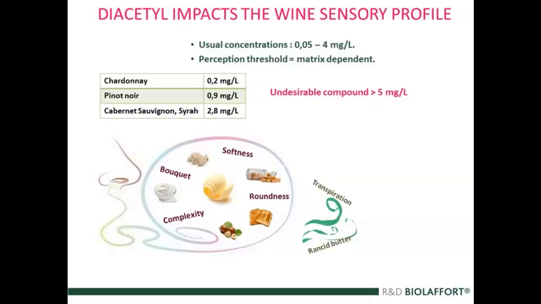The perception threshold is matrix dependent, and you can see it here, calculated in different matrices, but usually, and this is very general, it is considered an undesirable compound when it's over 5 milligrams per liter, and then it can bring over buttery notes, even going to rancid butter notes or even sweaty notes.